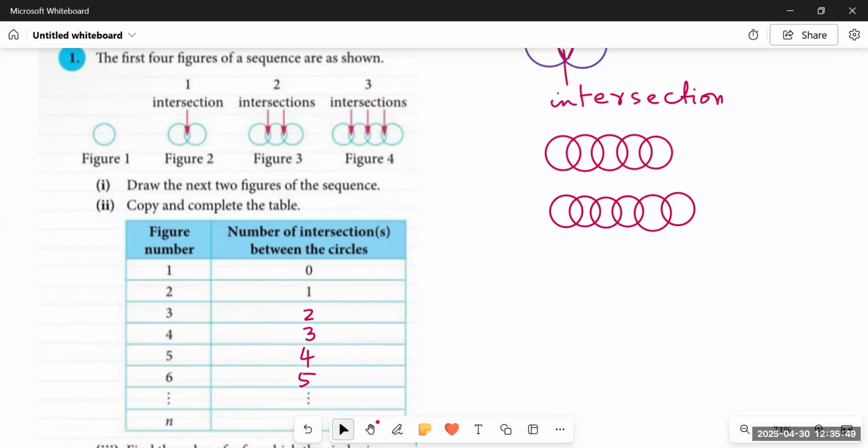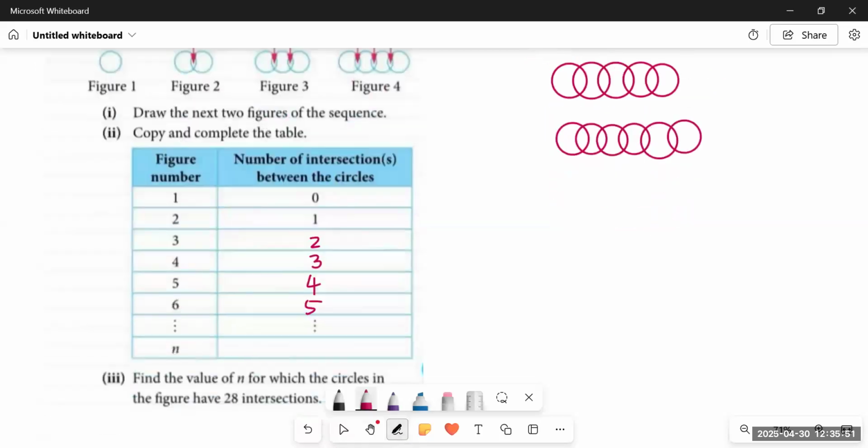If I talk about the figure number n, that is any figure, what would be the number of intersections? It would be n minus 1. Because here we have 1 minus 1, 2 minus 1, 3 minus 1, 4 minus 1, 5 minus 1, 6 minus 1, 7 minus 1, n minus 1.